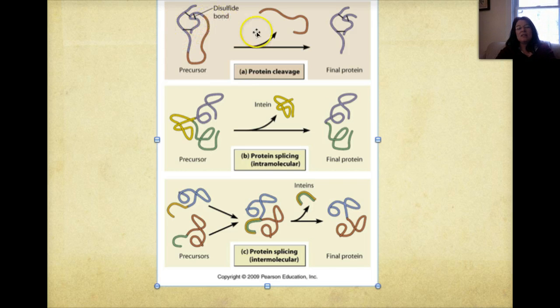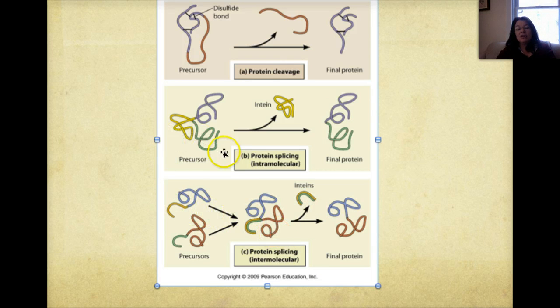And in this case, what's happening is we have a cleavage event where the brown portion of the protein is being removed, and the final protein then is shown in purple. Now, the middle picture is what we would call protein splicing. This is intramolecular. In other words, it's within one molecule. We didn't talk about this intermolecular process, so don't worry about this bottom portion.